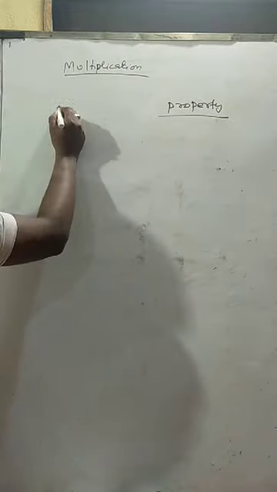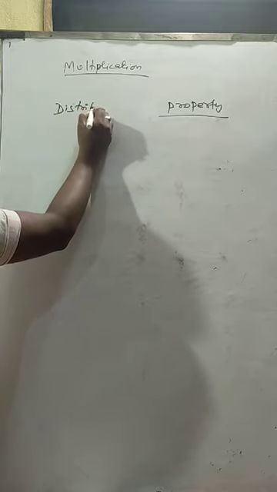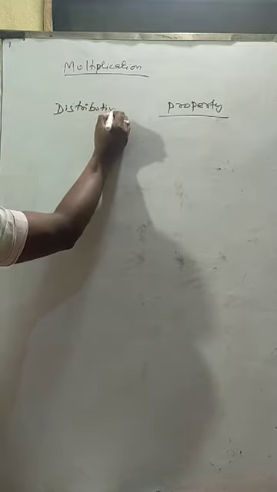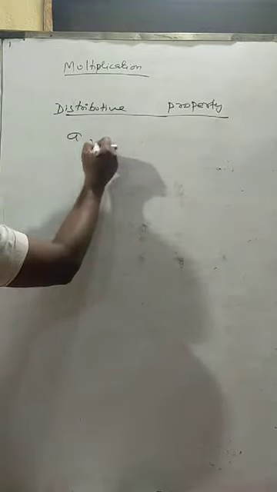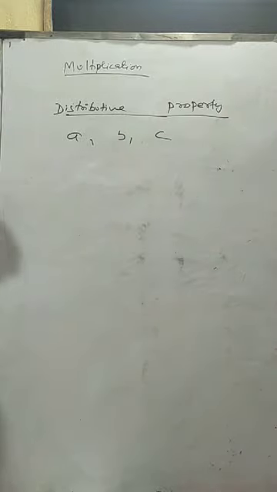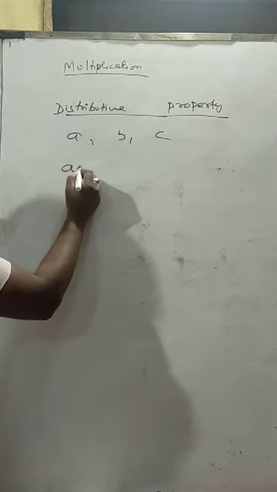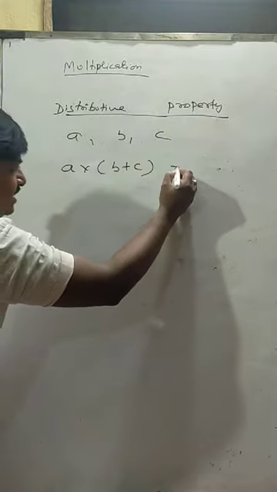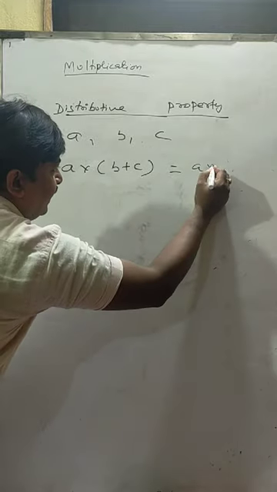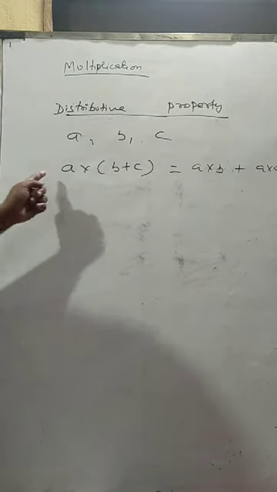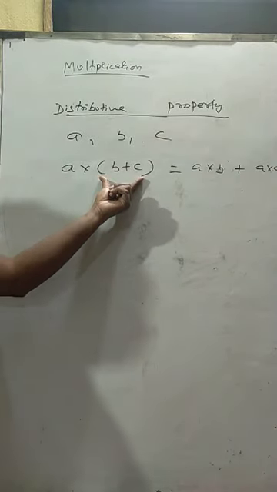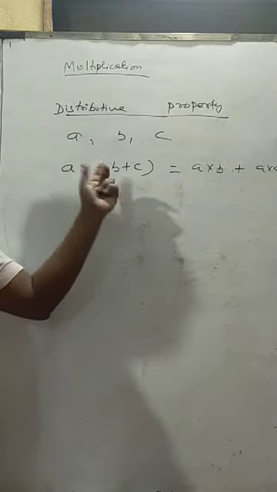Suppose, same as before, we take three integers A, B and C. According to the property, A × (B + C) is equal to A × B + A × C. In A × (B + C), B and C are in the bracket. When we remove the bracket, the equation will be like this.